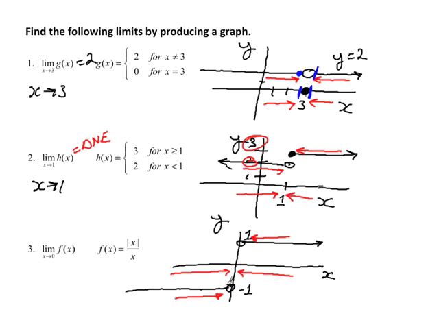There's two different values, therefore this limit does not exist. Now, what we used here in this little graphical discussion is actually the idea of one-sided limits. We took the limit from one side, then the limit from the other side, and made a comparison. So, the next thing we need to do is take a closer look at the idea of one-sided limits.